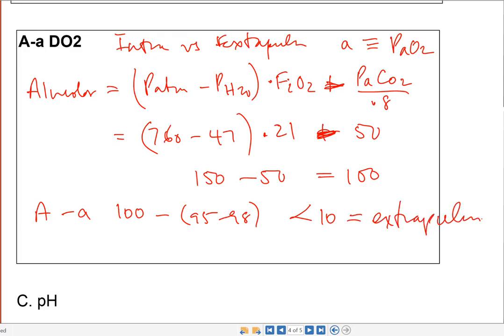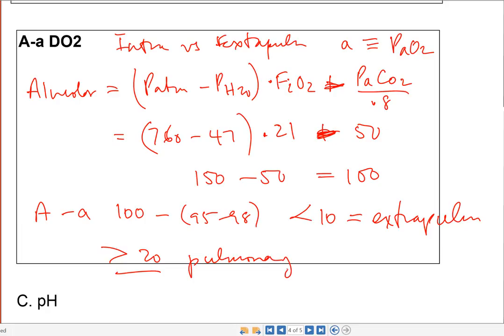So that can be everywhere from central nervous system suppression by opioids to problems in nerve conduction like ALS, neuromuscular junction, myasthenia gravis, or skeletal muscle like dystrophy. If it is greater than 20, just to give it some margin of specificity, then that is going to be a pulmonary cause of failure.